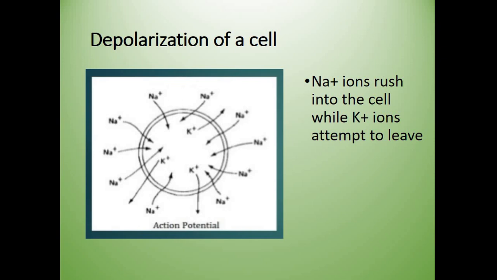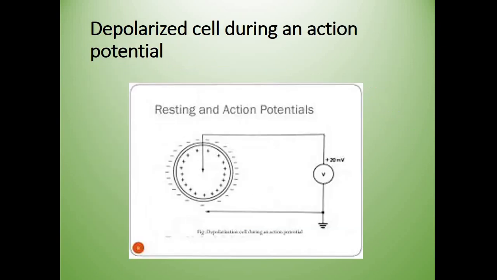As a result, the cell has a slightly positive potential on the inside due to the imbalance of the potassium ions. Now, once again, if we measure the potential between the inside and the outside of the cell, we find that the potential is now approximately plus 20 millivolts.